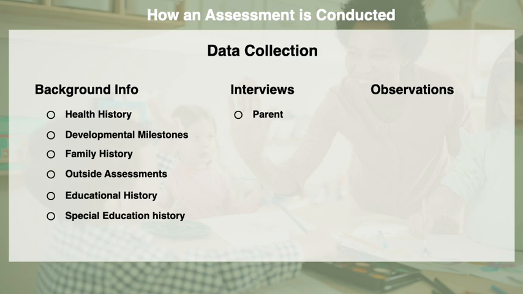And one of the interviews that is really critical is the interview with you, the parent or guardian. And so this provides a lens into the child's behavior at home, how they interact with you, how they interact with siblings if they have any, how they interact with friends. So if they interact with friends at a park, in the neighborhood, or in any kind of extracurricular activities, what those interactions look like, how they respond to directions in those settings.